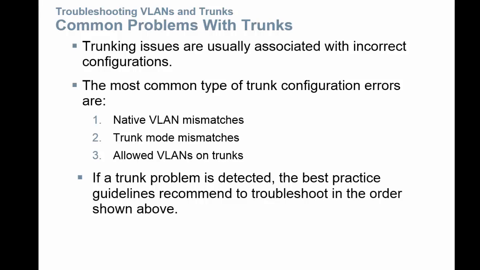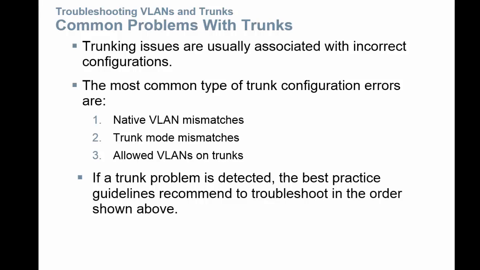Trunking issues are usually associated with incorrect configuration. You either type something in wrong or you forgot to type something in altogether. When configuring your VLANs and trunks on a switch infrastructure, watch for these types of configuration errors. The following are some of the most common. You have native VLAN mismatch. You've either left one at one and you changed the other, or vice versa, or maybe you gave them different numbers.